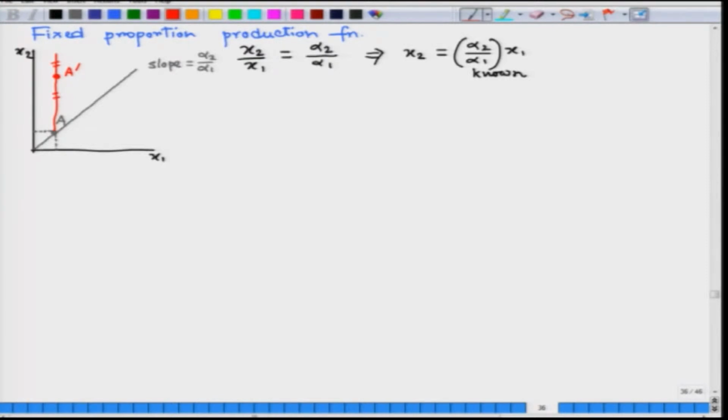right. Similarly, I can keep the level of input 2 fixed at this level, say x2 bar.